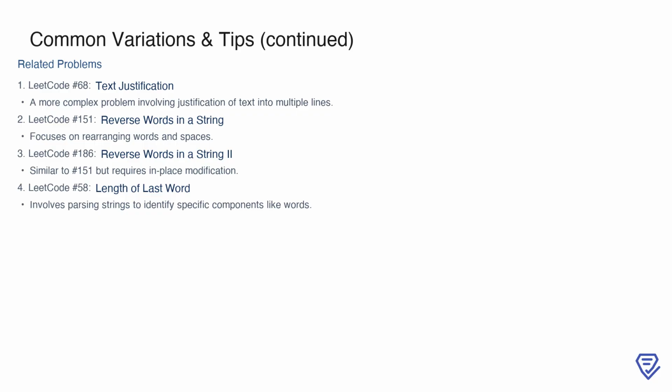Then there's LeetCode number 151, reverse words in a string, which emphasizes rearranging words and spaces within a string. A related problem, LeetCode number 186, reverse words in a string 2, adds the requirement of in-place modification, making it slightly more challenging. Finally, LeetCode number 58, length of last word, focuses on parsing strings to extract specific components, such as identifying the last word in a given input.